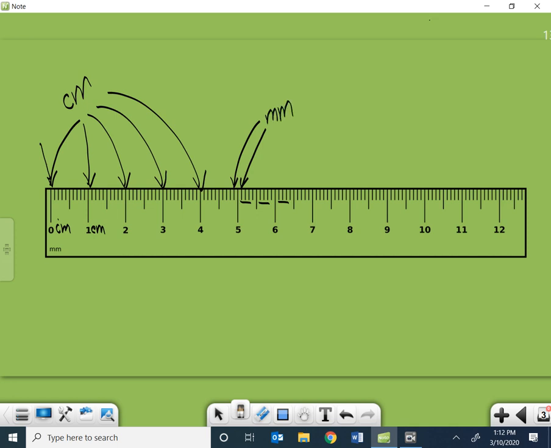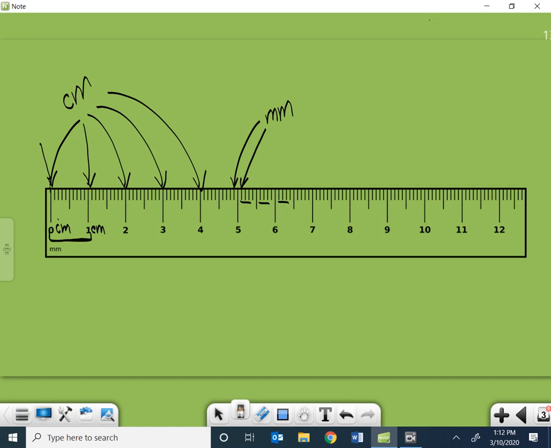All these tinier ones, the little mini ones that we see, hopefully you remember, represent a millimeter. So the previous question, and we'll go back to the page in a moment, was: 1 centimeter, so we know that's from here to here, is how many millimeters? In your mind, you should have automatically gone to 10. But how do we know that?